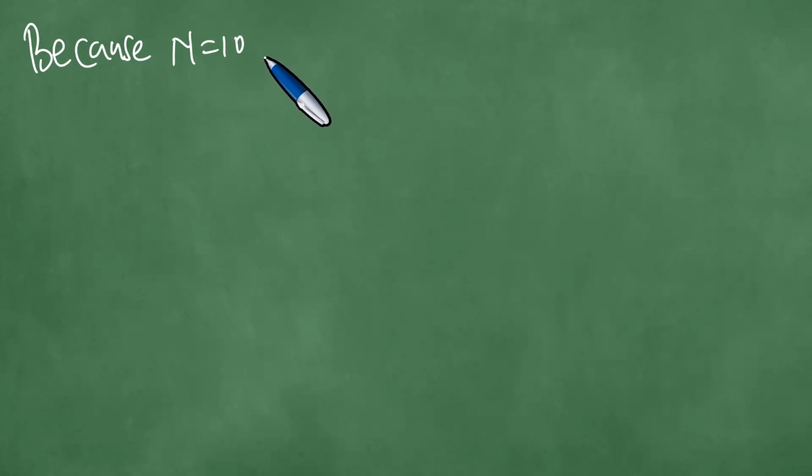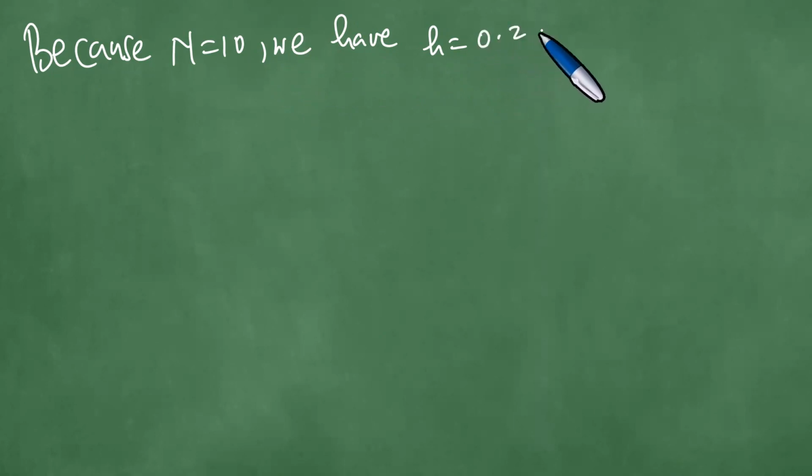We are moving really fast. H in this question is 0.2. We'll discuss this just now. And we have the ti is i.